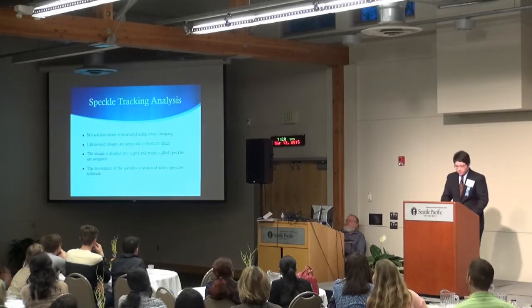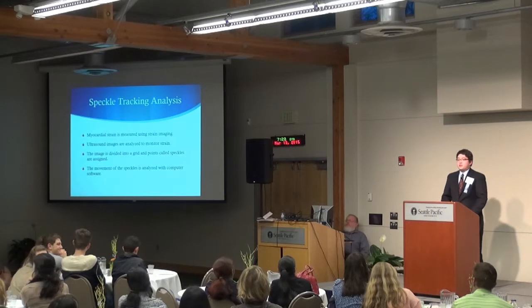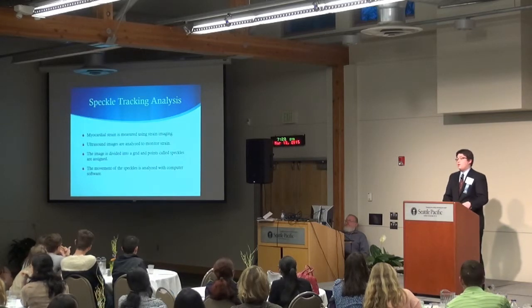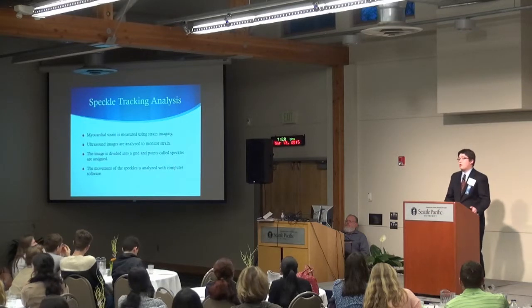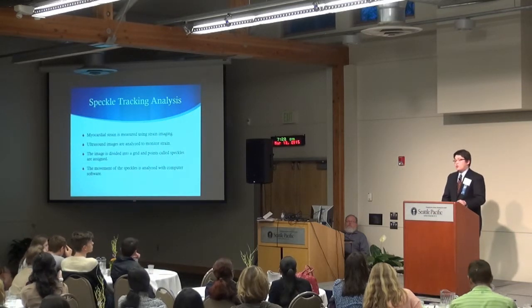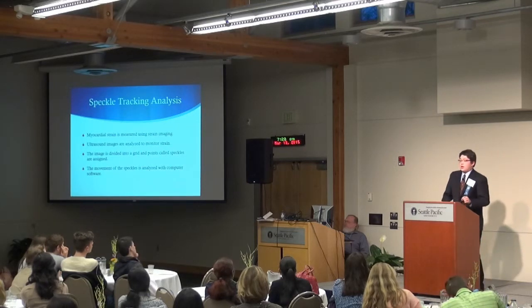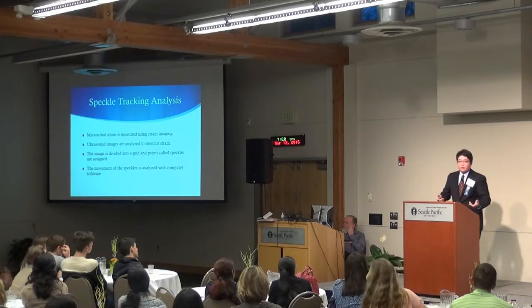What you just saw there is something called 4D speckle tracking analysis. Speckle tracking analysis is a relatively new method of determining strain. The traditional method was sonomicrometry. While sonomicrometry is very accurate, it requires suturing crystals to the heart itself, and you can't really just cut someone's chest open every time you want to figure out how their heart is doing.